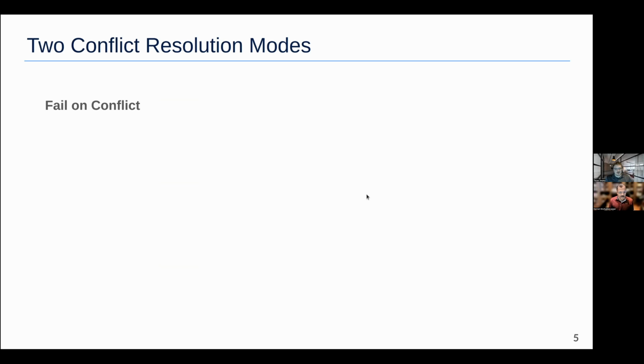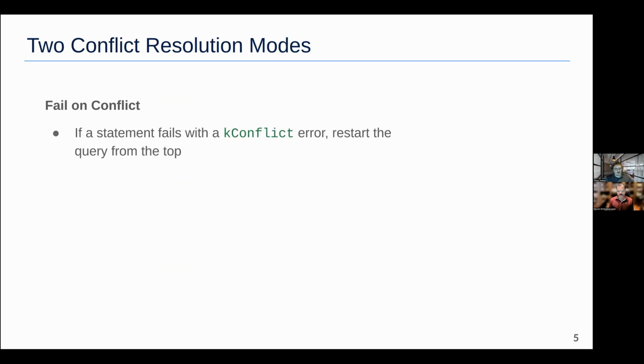So we have two of those conflict resolution modes. Fail on conflict is the first one. And so if a statement fails with a conflict error, it will restart the current statement from the beginning without sending that conflict error back to the client. And in fail on conflict, we have wound and die.